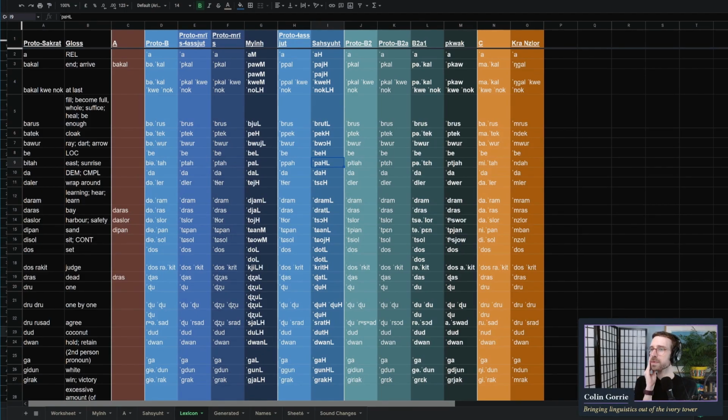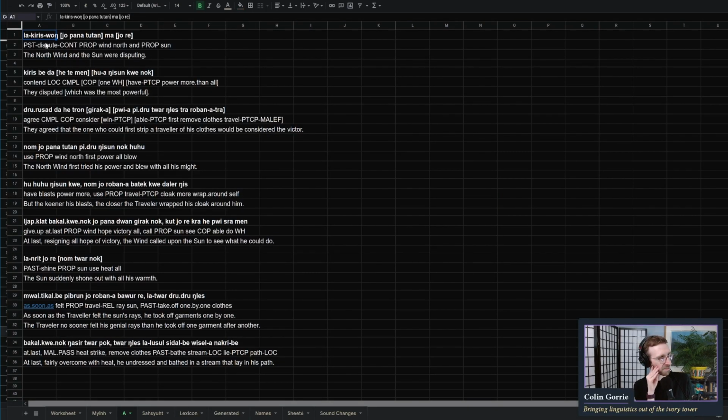So we have three main branches of Sakrat. Sakrat A, which is very conservative, and we haven't really played with too much yet, other than to mess around with some affix, to turn our formerly analytic language into something that's starting to look a little more synthetic. So that's going to happen.